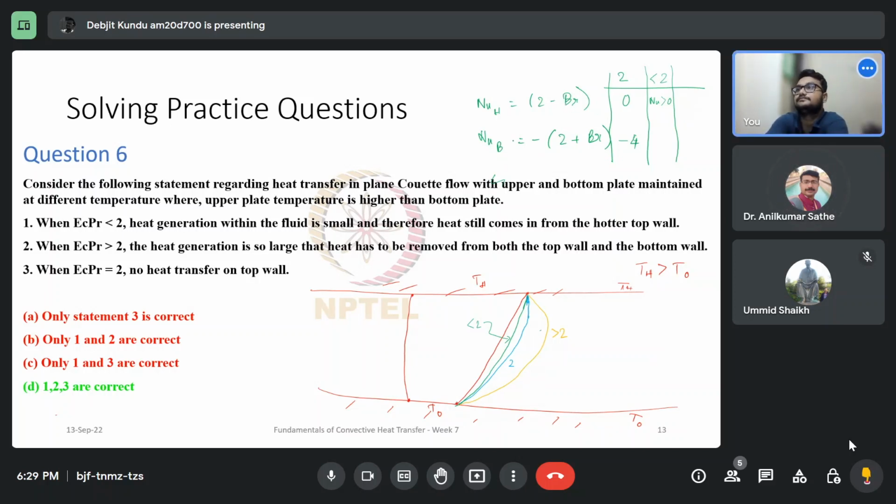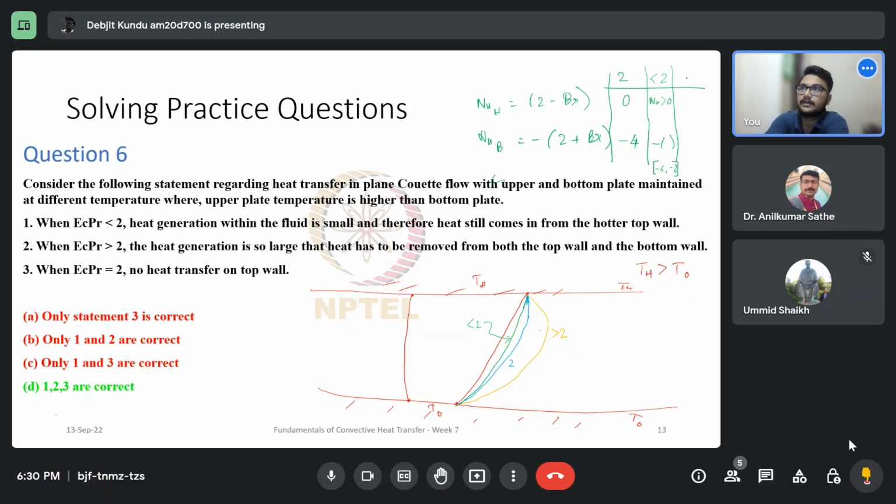And the Nusselt number at the bottom wall is some negative value which lies somewhere between minus 2 and minus 4.